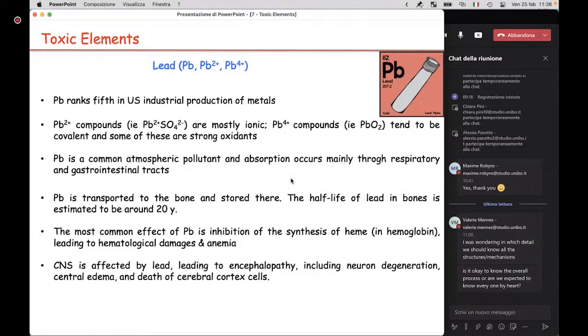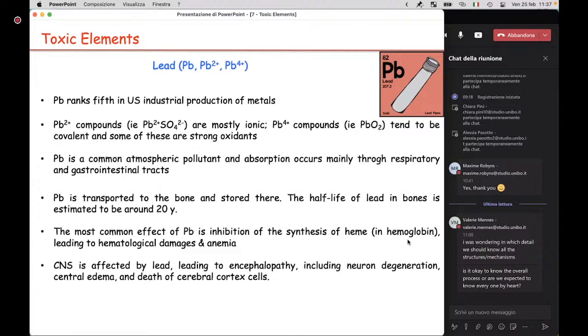But we know also that in the bone, the production of blood cells happens, okay? And so lead can also inhibit the production of blood cells, and in particular of red blood cells. To build red blood cells, bone needs hemoglobin.